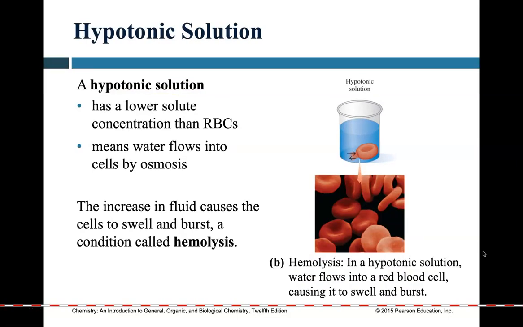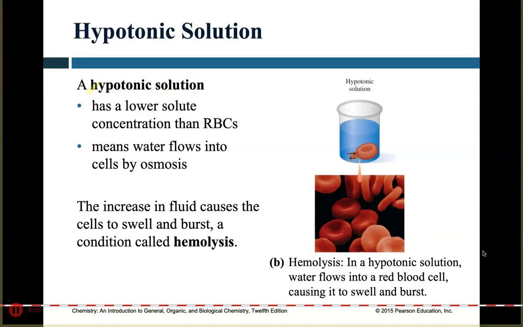The second type of solution we'll talk about is hypotonic. Hypotonic means the concentration of the solution outside the red blood cell is lower than inside, the concentration of whatever's inside the blood cells.